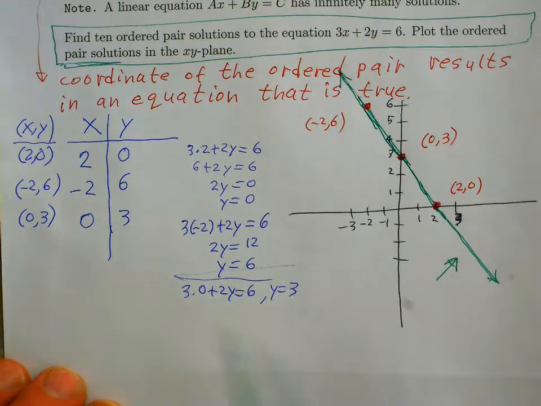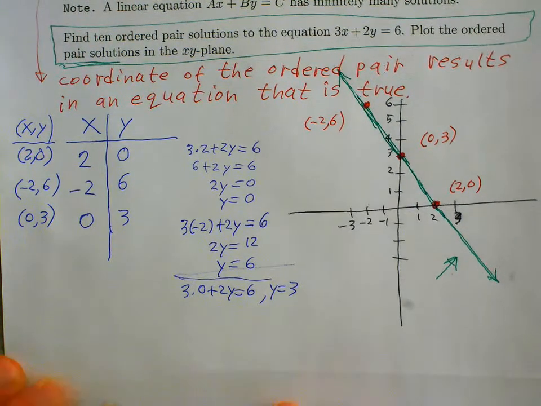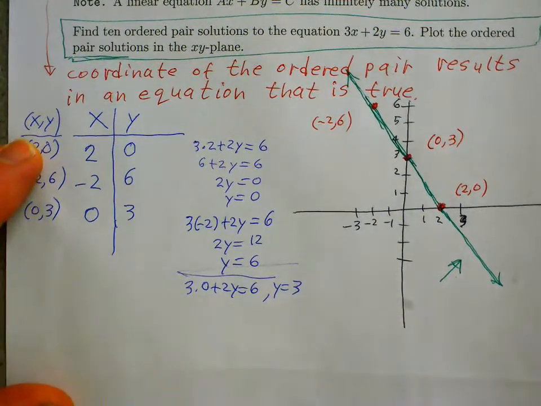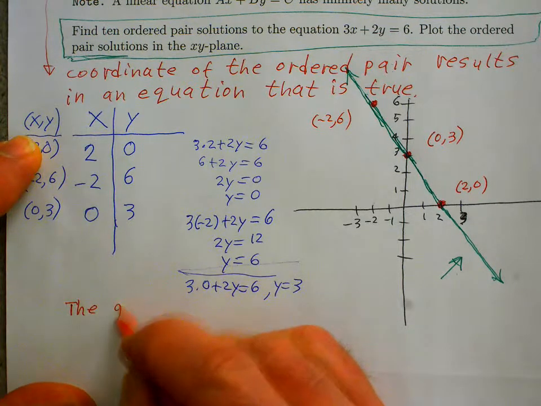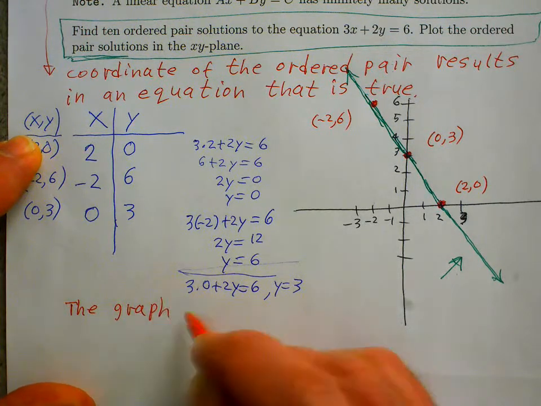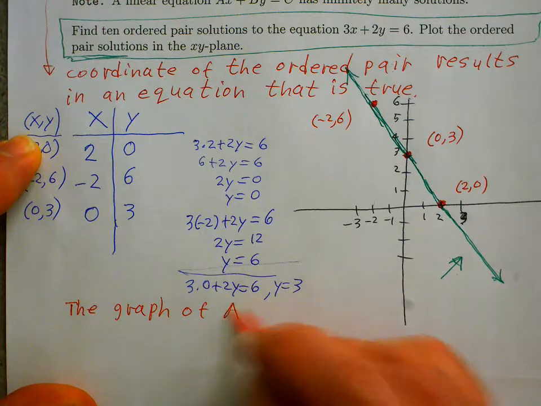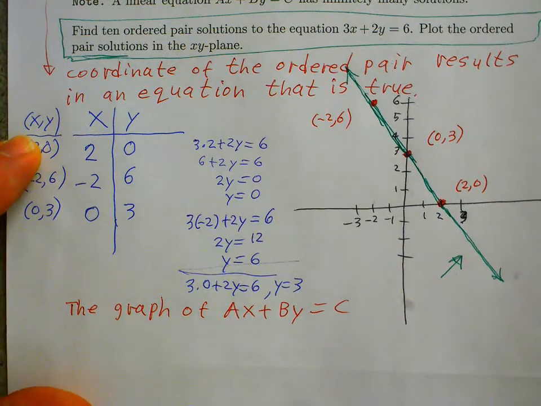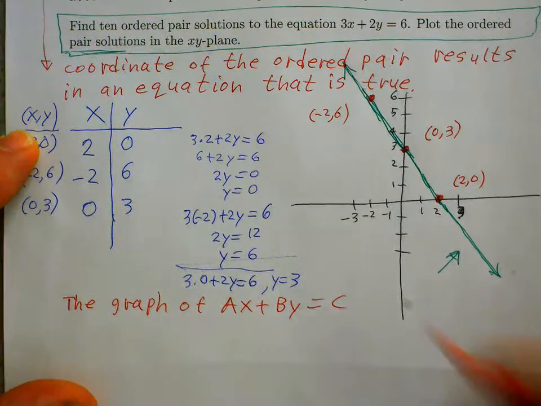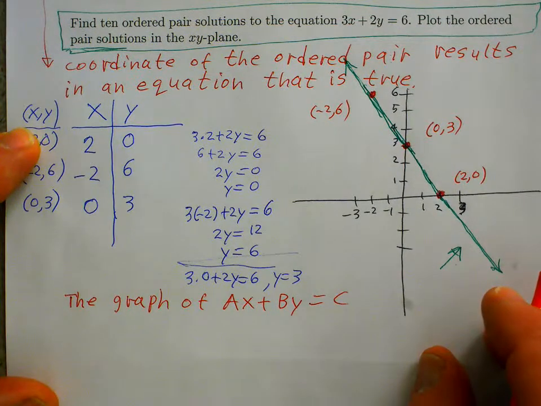So I'll write that statement down here. The graph of ax plus by equals c, well, the implication is that the graph is in the xy plane.